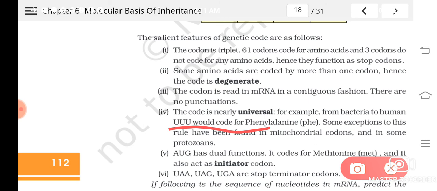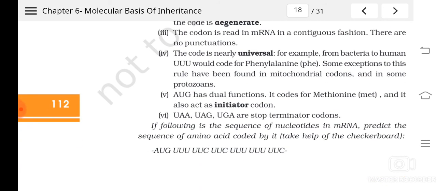AUG has a dual function: it codes for the amino acid methionine, and it also acts as the starting or initiator codon. UAA, UAG and UGA are the stop or terminator codons.